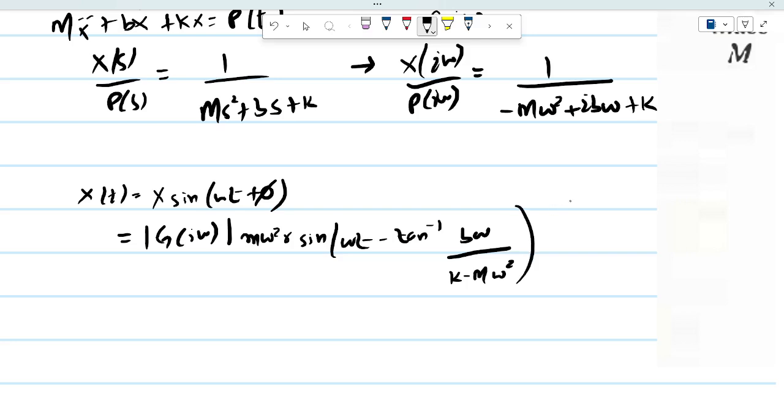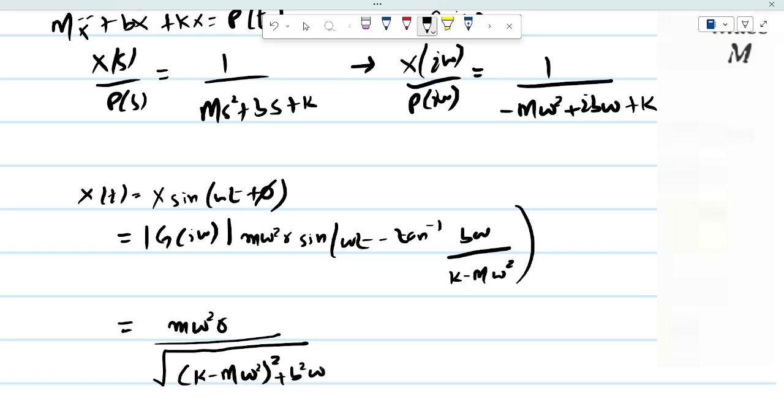You know that M is the mass of the total system, where small m is the unbalanced mass. So we can write m omega square r divided by the square root of k minus M omega square whole square plus b square omega square, into sine of omega t minus tangent inverse b omega divided by k minus capital M omega square.